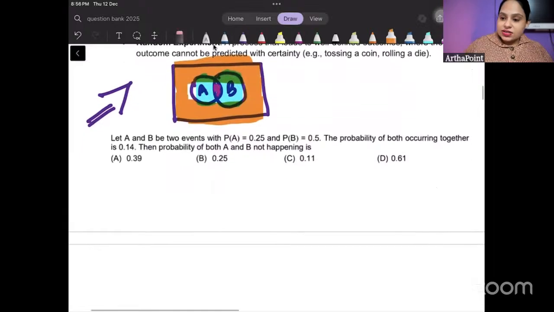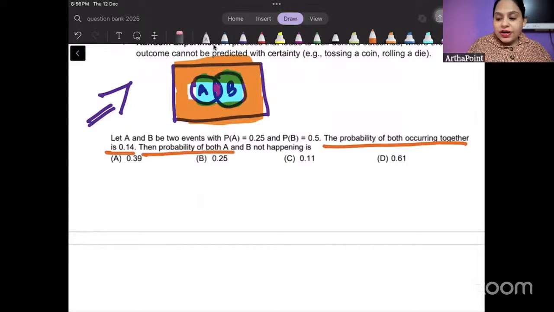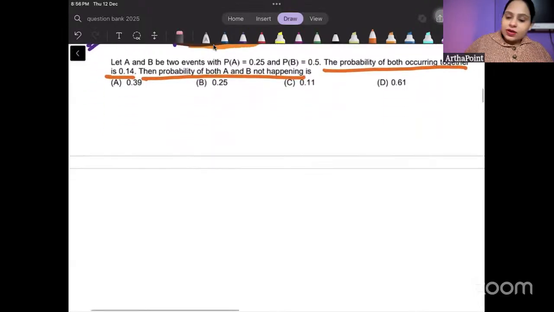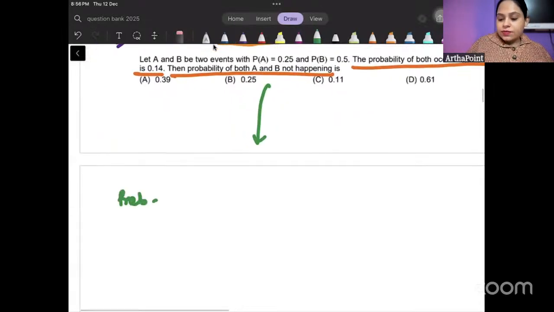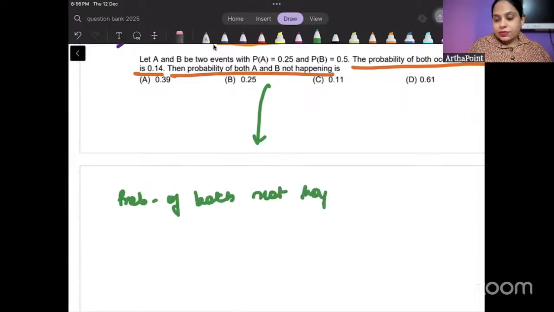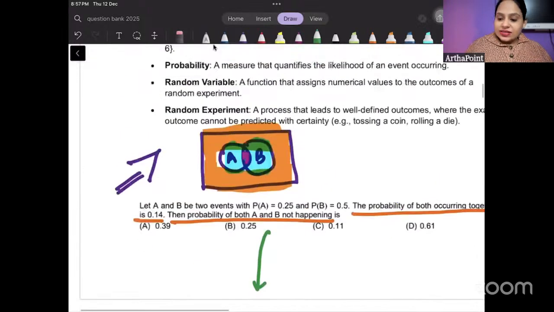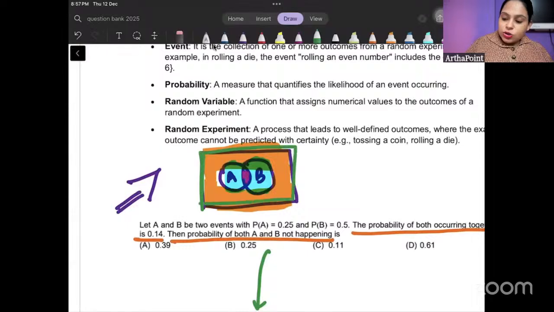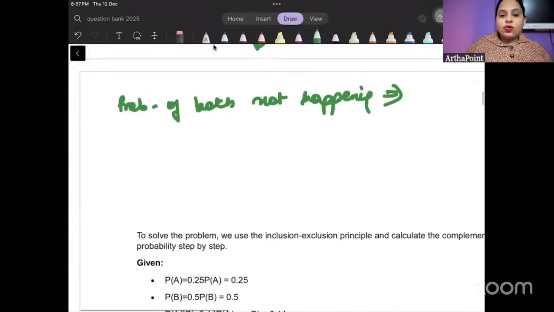Try to understand this thing. Probability of both occurring is given. It is asking probability of both not happening. So whenever we want to find probability of both not happening, right? अच्छा, this box total, ये तो हमारा total probability हो गया, and we know that total probability is always 1.